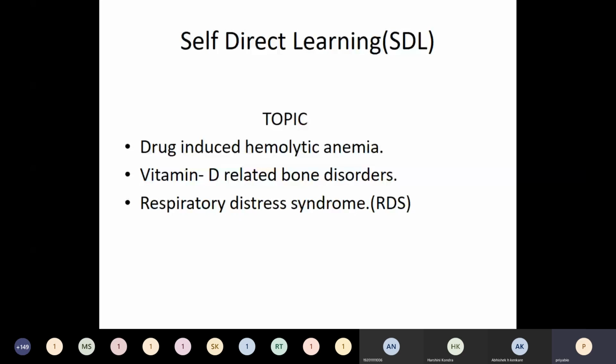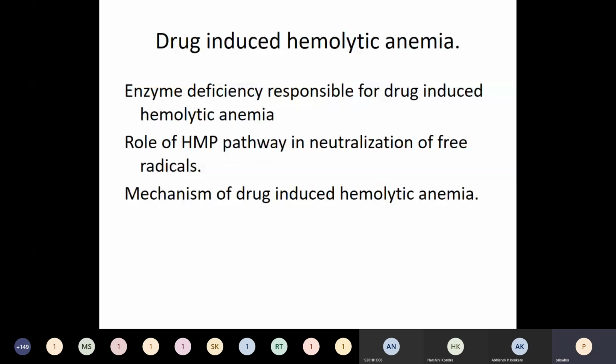For example, if you take drug-induced hemolytic anemia: what is this drug-induced hemolytic anemia? What is the enzyme deficiency which is responsible for it?